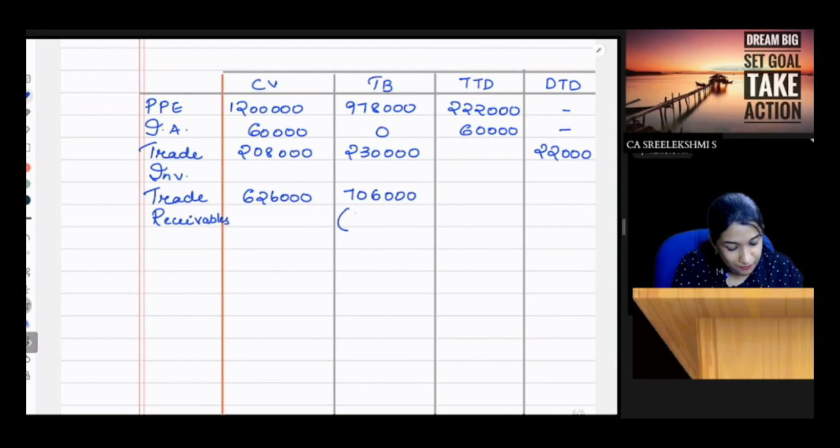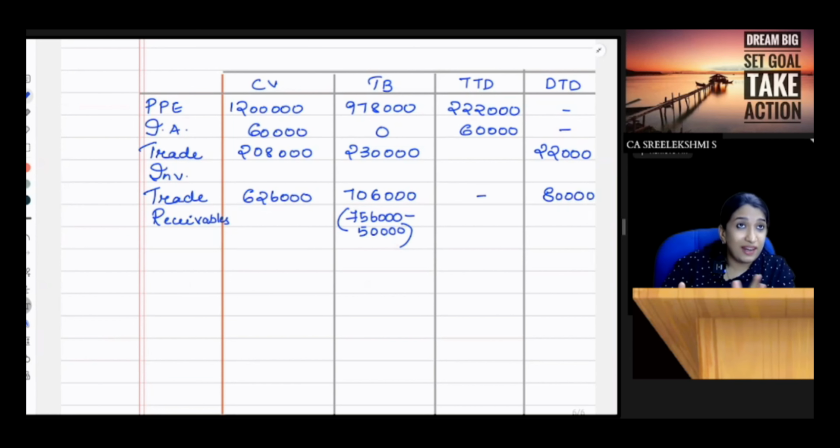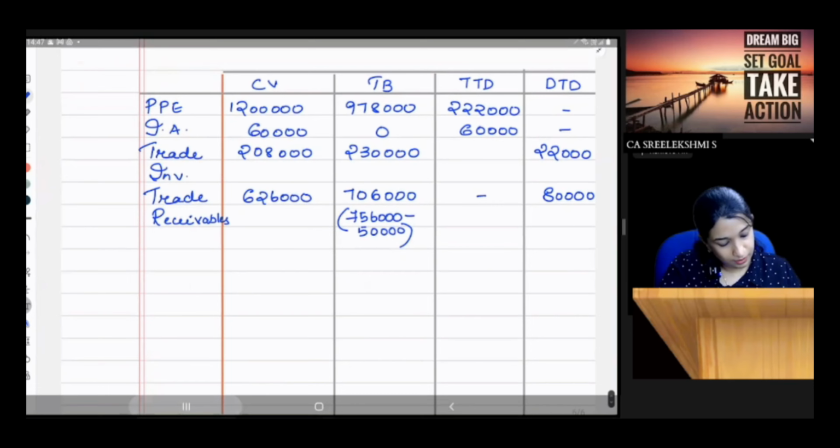That is 7,56,000 minus 50,000, which they have already allowed. So carrying value of asset is less. 7,06,000 minus 6,26,000 is 80,000. Total 1,30,000 provision, 50,000 allowed. So 80,000 more has to be allowed in future. So of course, deductible temporary difference, DTA. Correct.